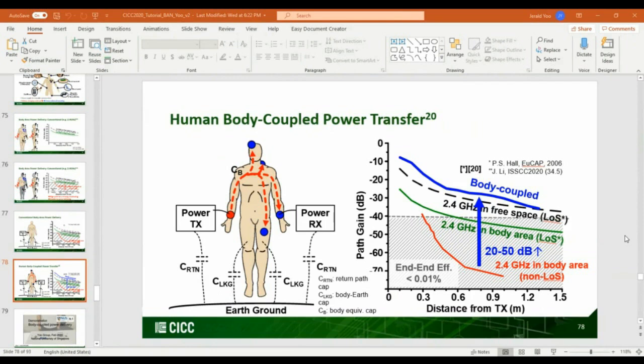So purely from the point of view of power transfer efficiency, it is very, very low. If you try to power up a device like a Fitbit 24/7 from your cell phone, as of now the efficiency is probably not that high. But I expect this will improve over time, and I think this is providing one possible way to power up the devices around your body. So we'll see how it goes.